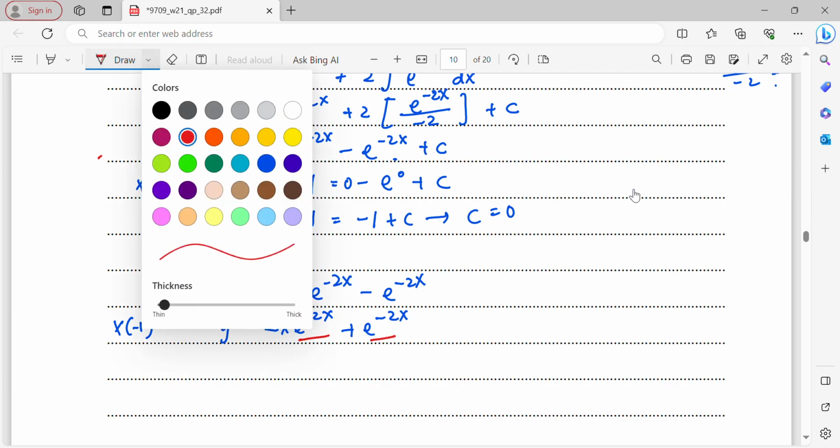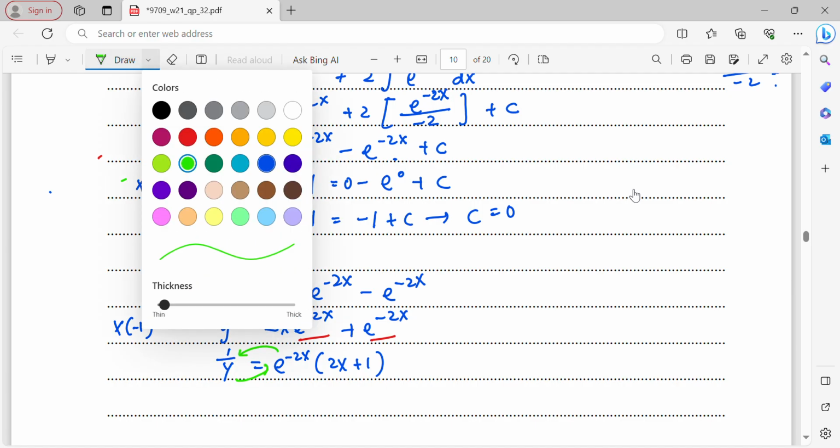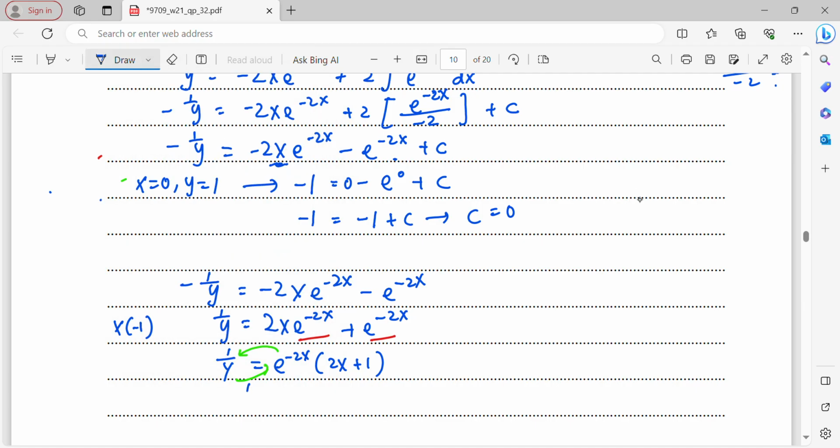Then you can factorize the exponential to get 2x plus 1. Then the left hand side is 1 over y. So now to get y, simple, just move the y to the other side, then move this whole exponential term to the left hand side. So now I will get 1 over e^(negative 2x) bracket 2x plus 1 equals y.